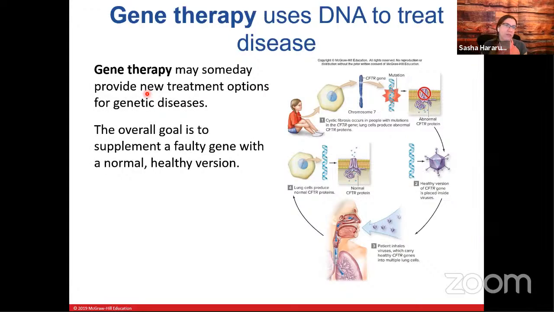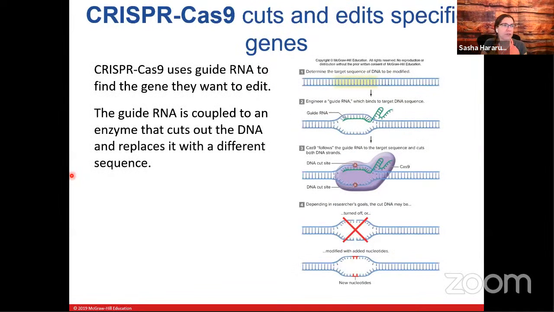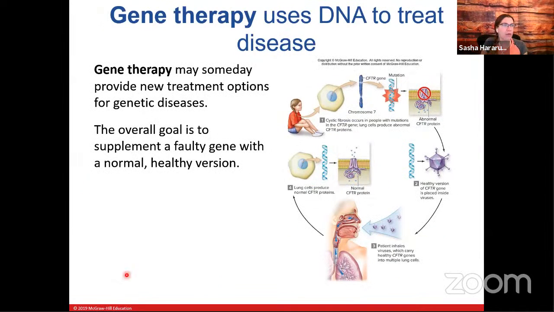Cystic fibrosis is caused by a mutation in a gene on the seventh chromosome. So the result is some abnormal proteins in the lung cells that impair the lung function. Researchers start with a virus that can infect the lung cells.